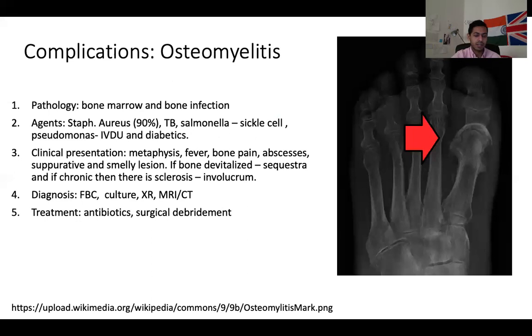So there is a risk of compartment syndrome, which we have to be very aware of.